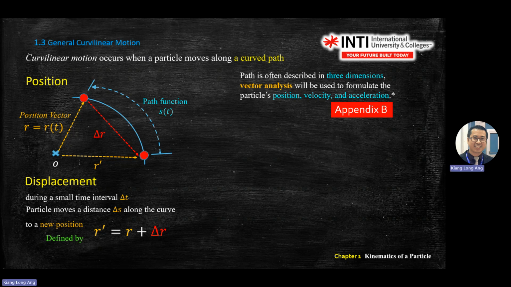So basically you're taking R plus the resultant, which I just drew at random, for example. So the equation will be R prime equals start to end.